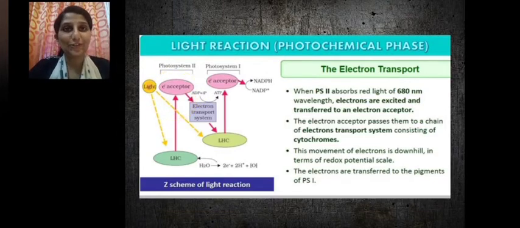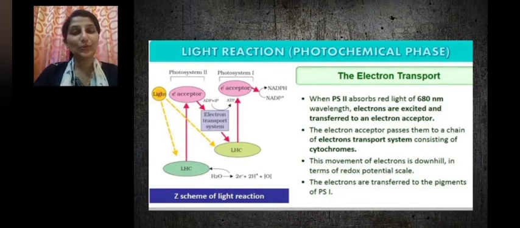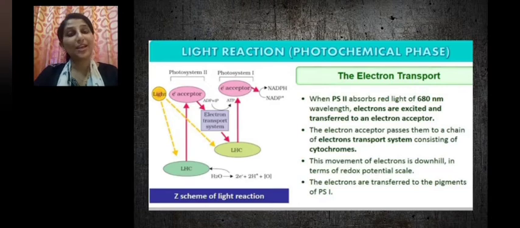And what does this electron acceptor do? It passes the electron down to an electron transport chain, the ETS. This ETS system is made up of cytochromes. Cytochromes are redox active proteins, that is, they can readily undergo oxidation and reduction.